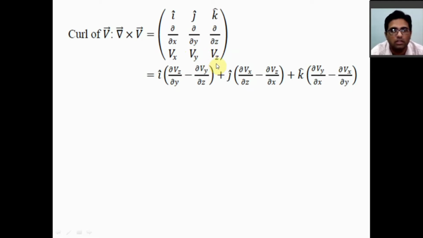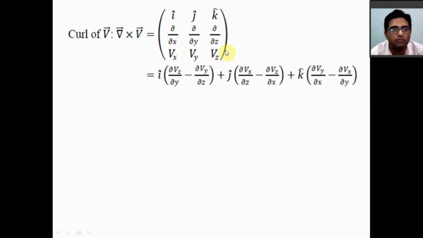Now here one thing you should remember, that this x component of the vector field can be a combination of x, y and z. In many cases it is a combination of y and z only. It is not dependent on x. It may happen.